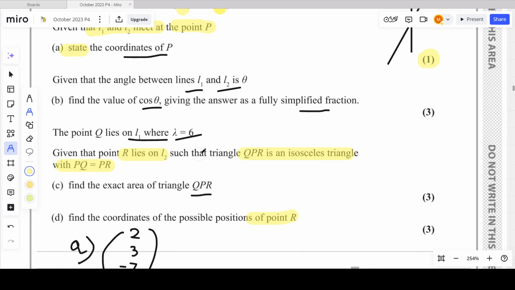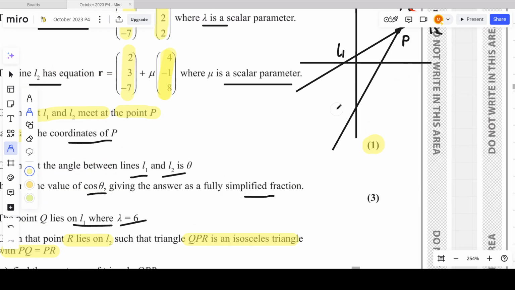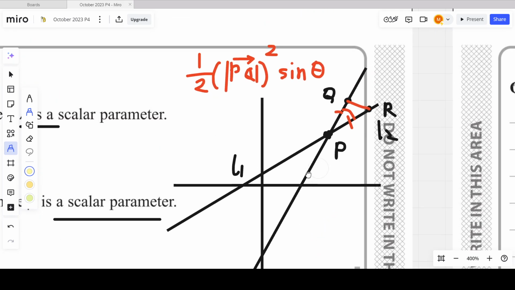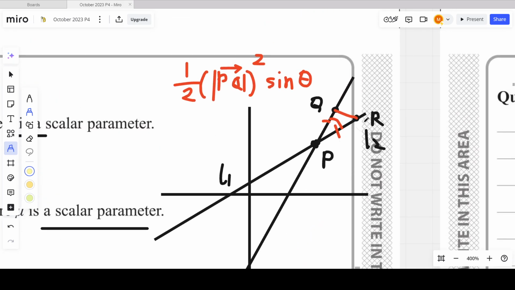Point R lies on line L2. So look, point R lies on line L2, right? Since point R lies on line L2, which one is line L2?